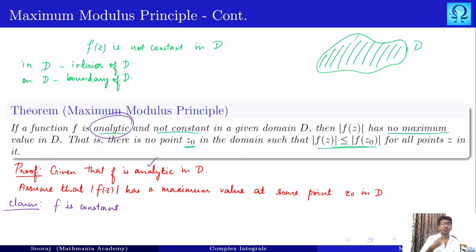If you assume f of z is not constant, you will have to prove absolute of f of z has no maximum in D. You have assumed the contrapositive statement of the result, that is, absolute of f of z has a maximum value at some point in D. So you cannot neglect the analyticity that is required anyway. So we can just prove this function is constant throughout D. This is what we'll have to prove.